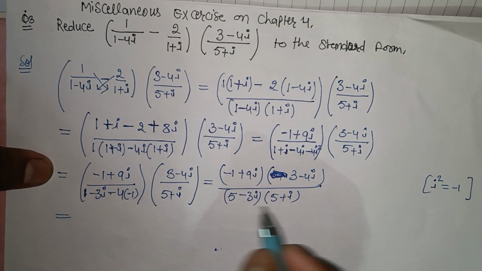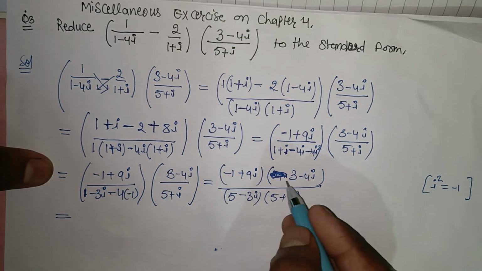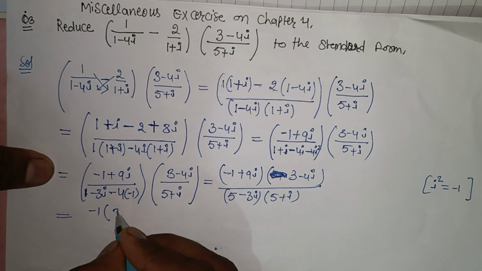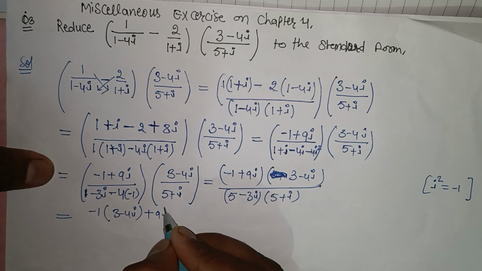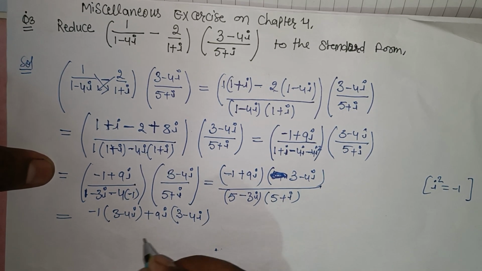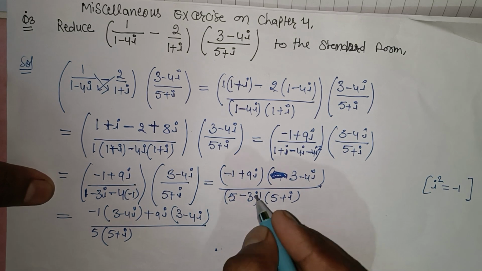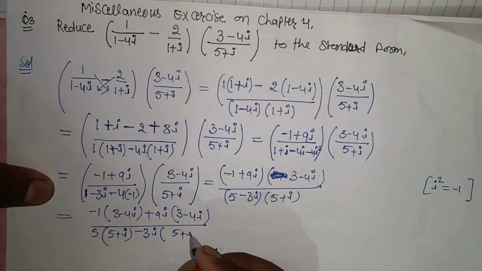Now we again distribute these terms: minus 1 into 3 minus 4 iota, and then plus 9 iota into 3 minus 4 iota, and in the denominator 5 into 5 plus iota, then minus 3 iota into 5 plus iota.